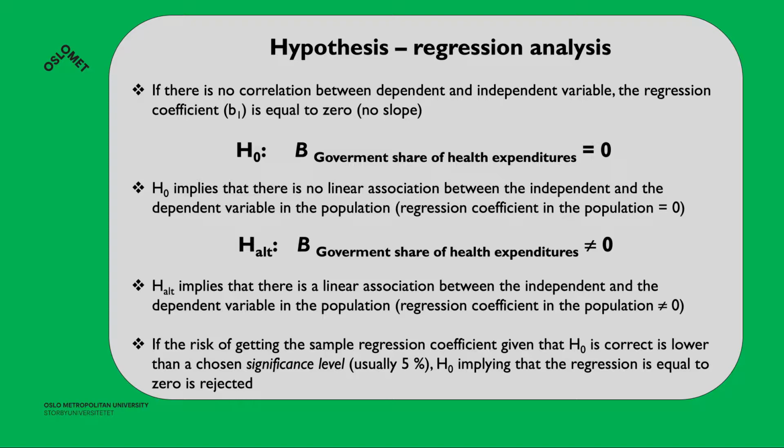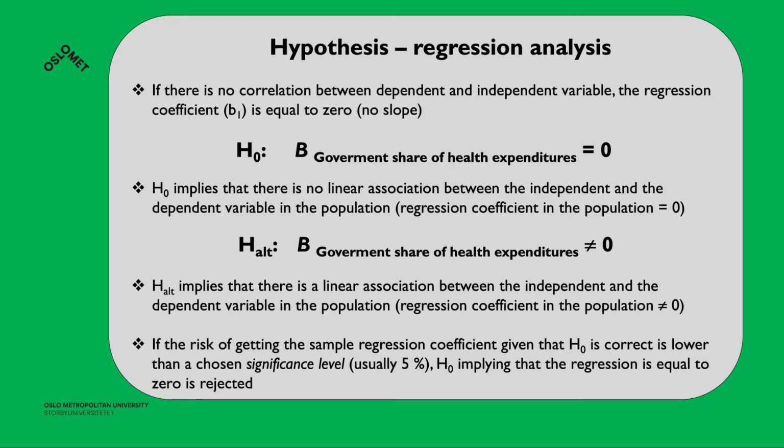And if the risk of getting the sample regression coefficient, given that the null hypothesis is correct, is lower than the chosen significance level, usually 5%, the null hypothesis implying that the regression coefficient is equal to 0 is rejected.